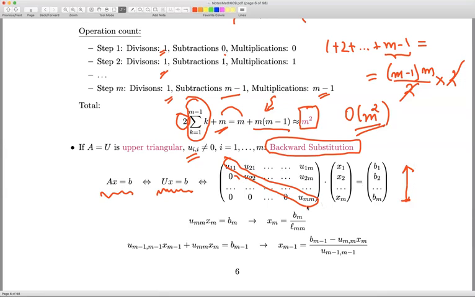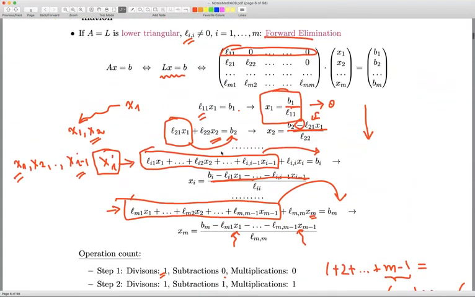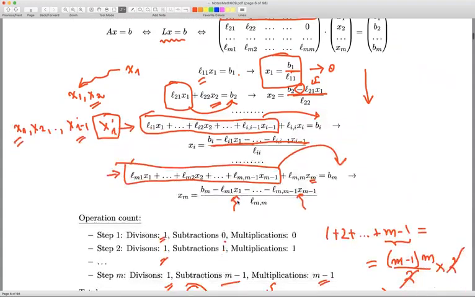Why do we start from the bottom? Because if we look at the bottom, there is only one unknown, and this is x_m. If we go to the next to the last equation, then we will have two unknowns, x_m minus 1 and x_m. So basically the picture is the same as this one, but not from the top to bottom, but from the bottom to the top.